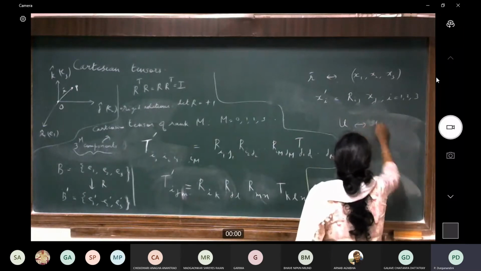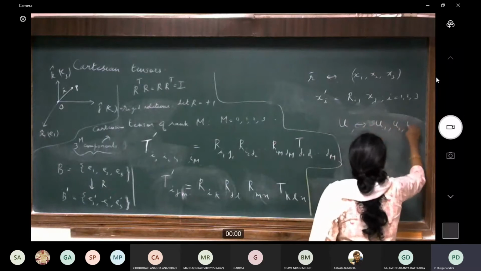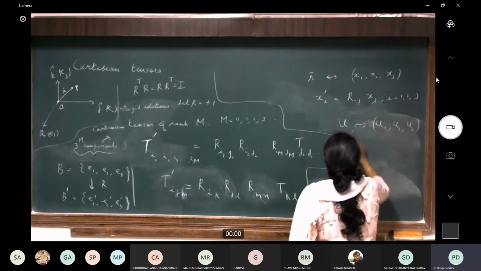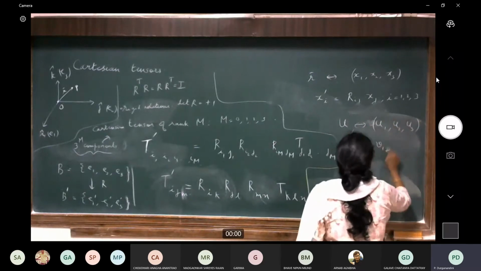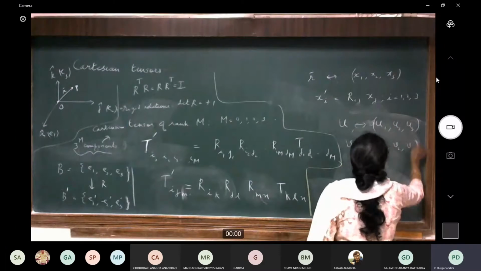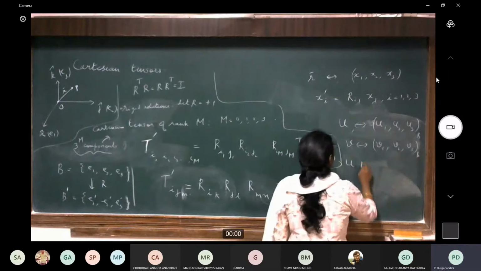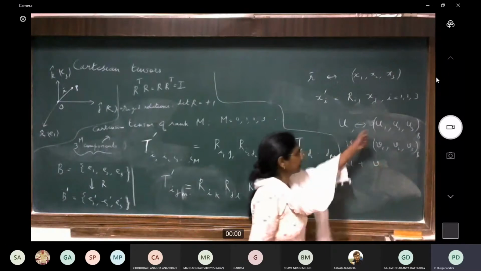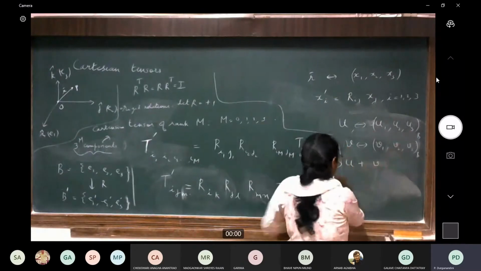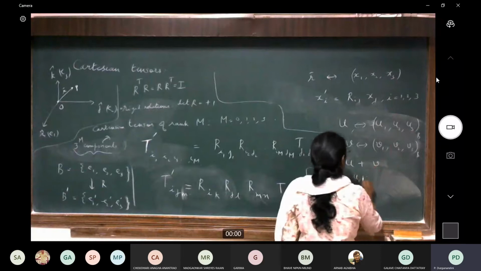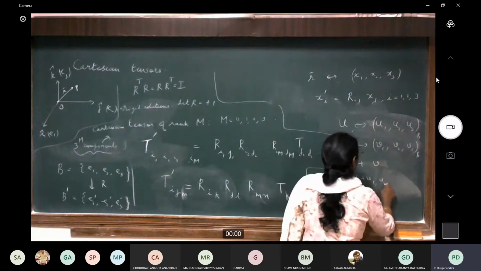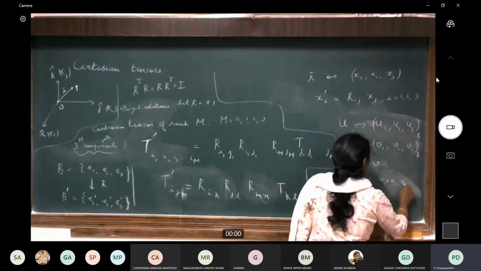So u will be represented by these three components, u1, u2, u3. v will be represented by these three components, v1, v2, v3. And again, all of this is with respect to a particular basis. So I can also find out what u plus v is. This is now represented by u1 plus v1, u2 plus v2, and u3 plus v3.